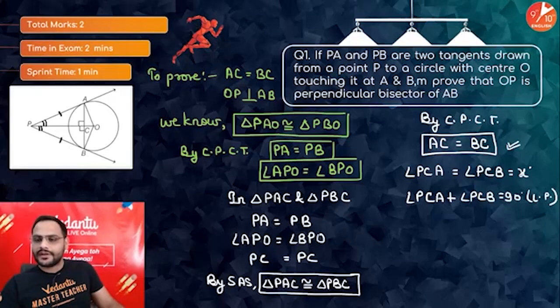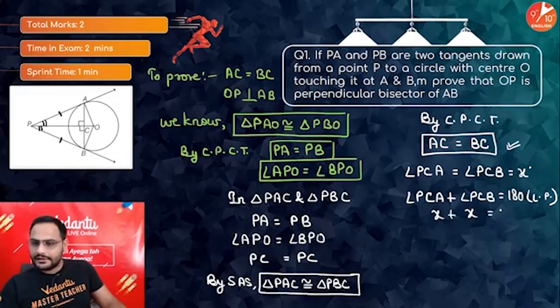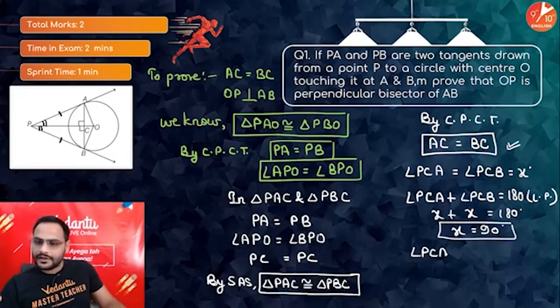So if two angles are equal as well as supplementary because they form a linear pair, obviously both the angles will be 90 degrees each. Both angles PCA and PCB are 90 degrees each.